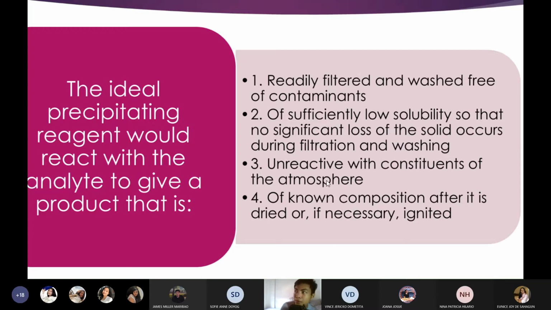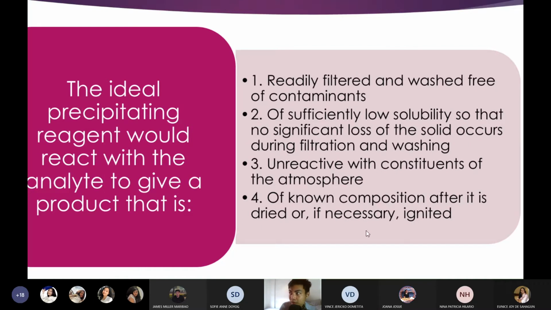Number three, it must be unreactive with the air. Kasi kapag nakapag-react yan with air, for example, sa oxygen in the air, tataas yung mass niyang precipitate nyo. So kapag tumaas yung mass ng precipitate nyo, mali yung calculations mo. Mali yung makukuha mong mga sagot. So yan.